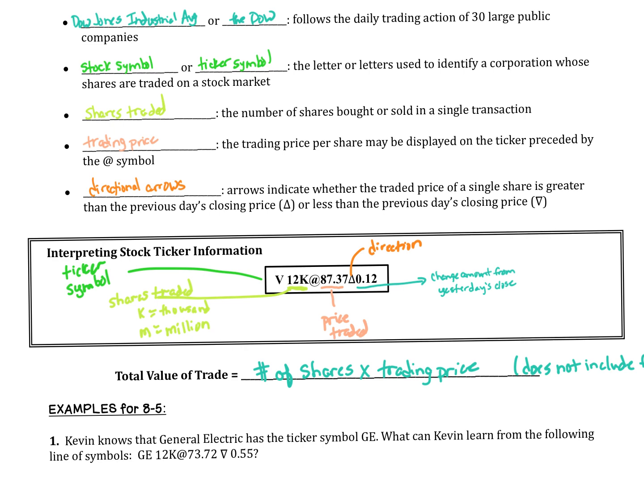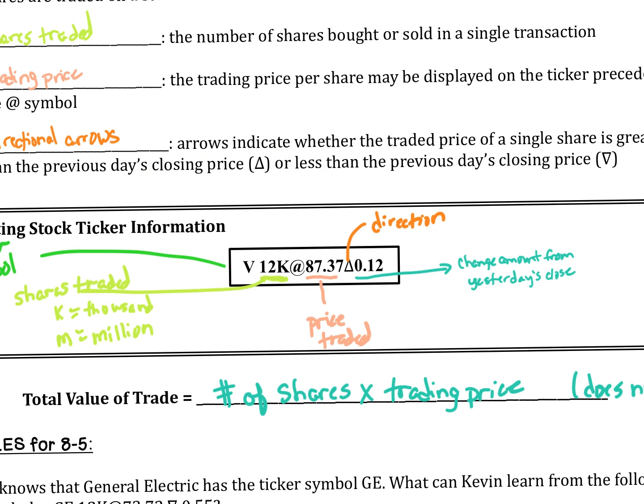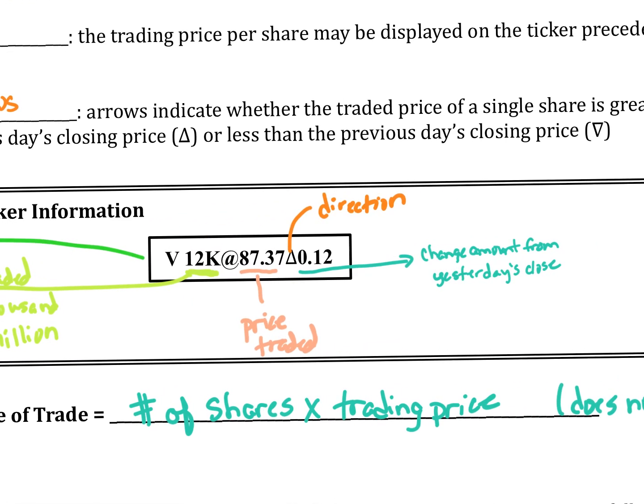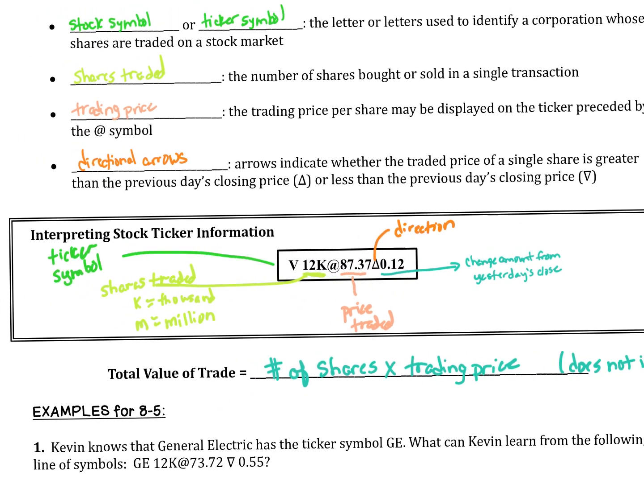And then there's a directional arrow to tell us whether the price has gone up or gone down. That's telling us whether the traded price of a single share is greater than the previous day's or less than the previous day's. And then it tells us how much it goes up or down. So in this example, it went up from the closing price, and it was 12 cents higher from yesterday's close.